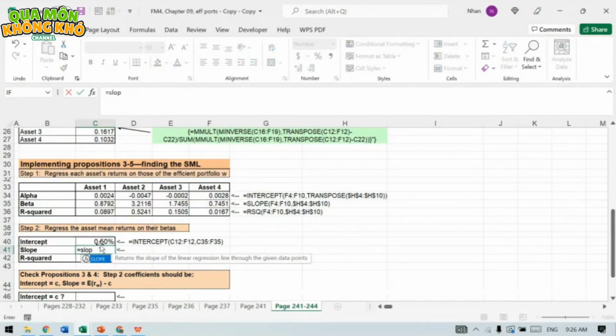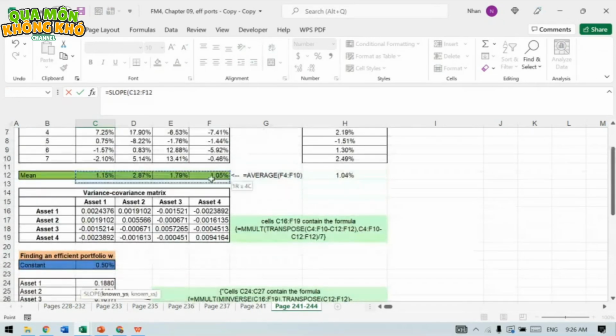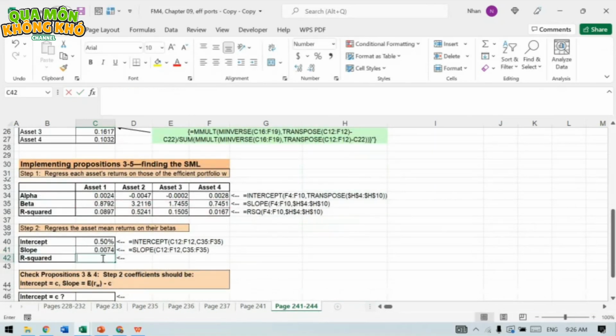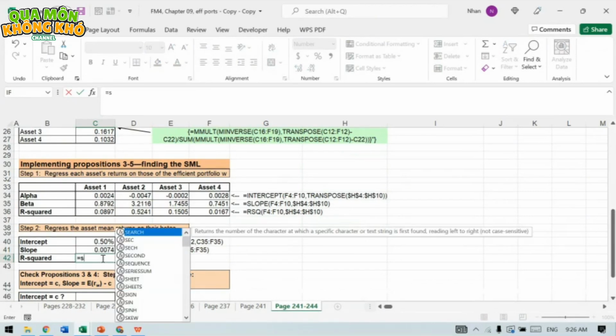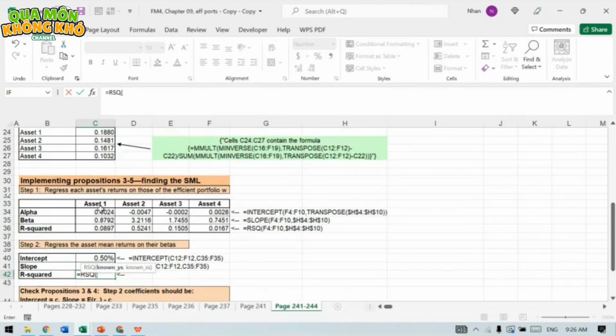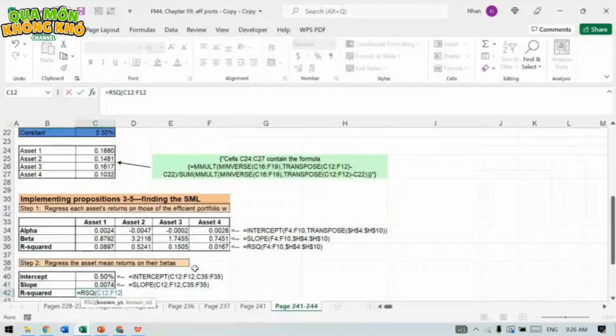I also use the function slope, and then the mean return, and then the beta. R square, the means, and the beta.